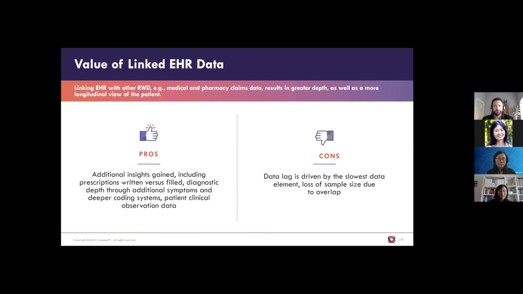On the other hand, you should also think about the data lag that is driven by the slowest data set of data elements, in this case, claims, and also consider a loss of sample size because you're looking at an overlapping population. We can dive much deeper into this, but for now, let's touch briefly on the mechanics of linkage.